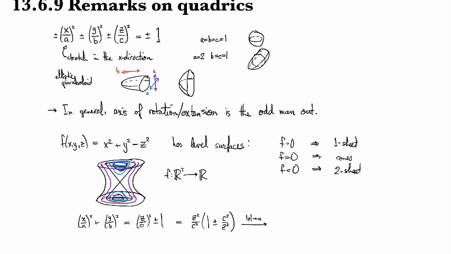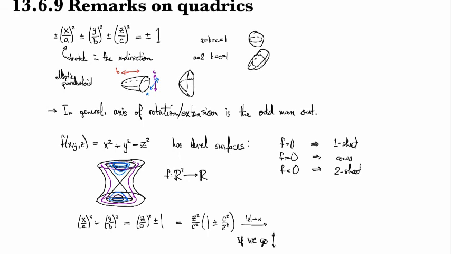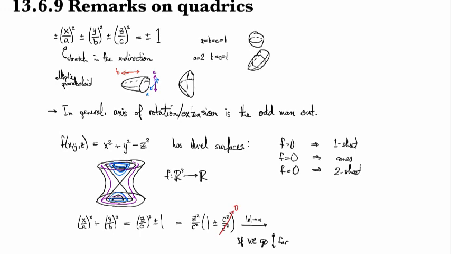In other words, what happens if we go up or down very far? What does it look like? Well, what happens then is that this one here goes to 0 because of the z in the denominator. So in other words, it tends toward z squared over c squared.